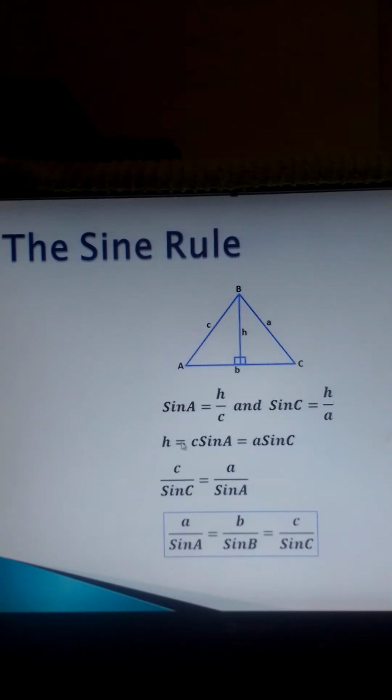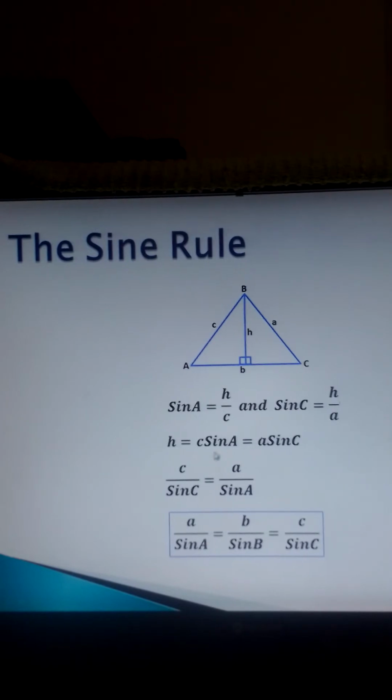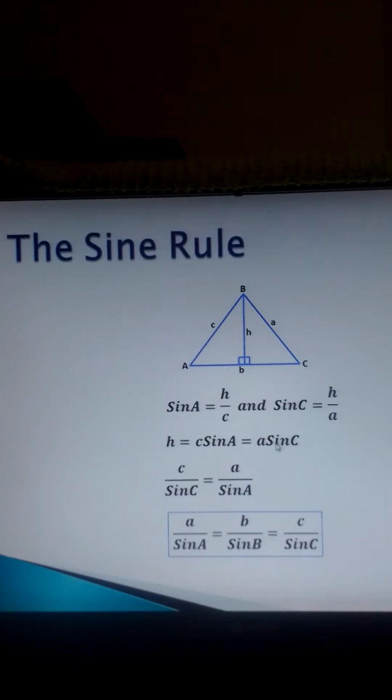So we find that h is equal to c sine A, and h is also equal to a times sine C. Now we can divide this by sine C, and we get c sine A over sine C. And then we can divide this term, a sine C, by sine A. So we get a over sine A.